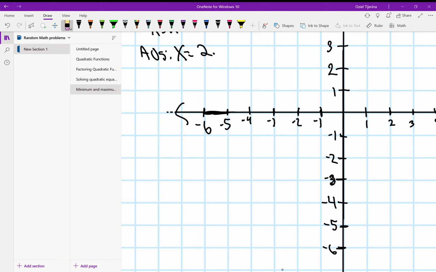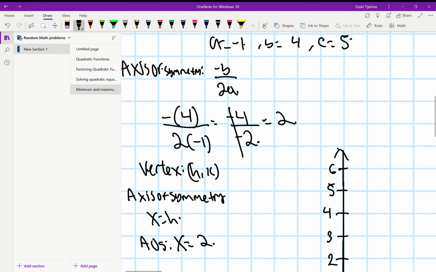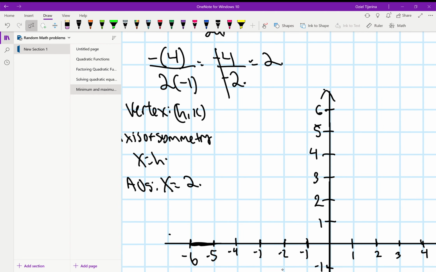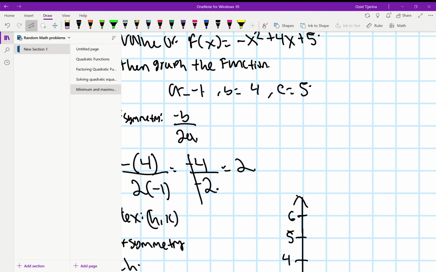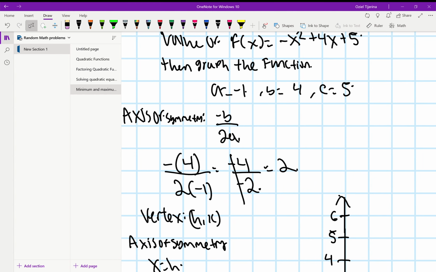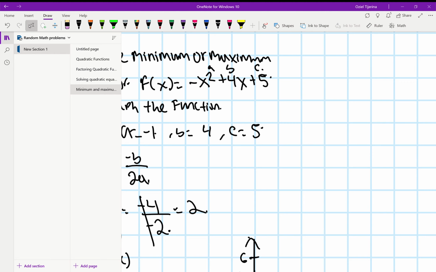Okay, so basically you have to graph your function. Obviously here, I'm just drawing my graph ahead of time. So you have your axis of symmetry, which is 2, and once you do that, you want to go ahead and plug that in for your x value.